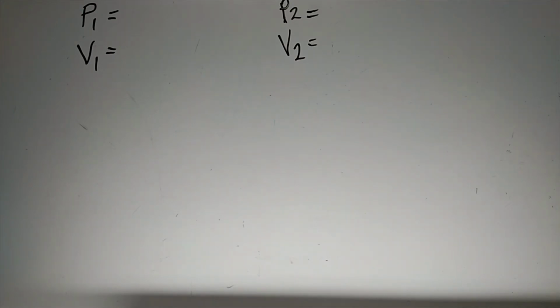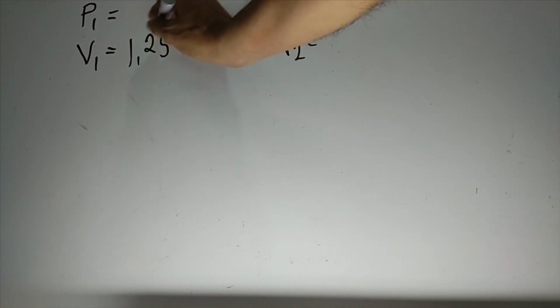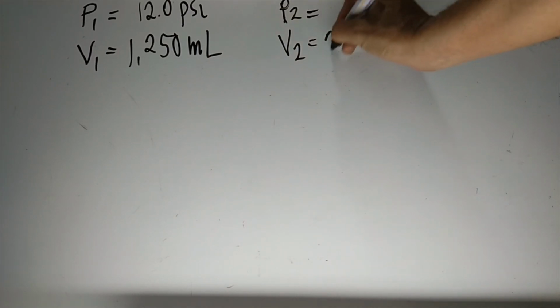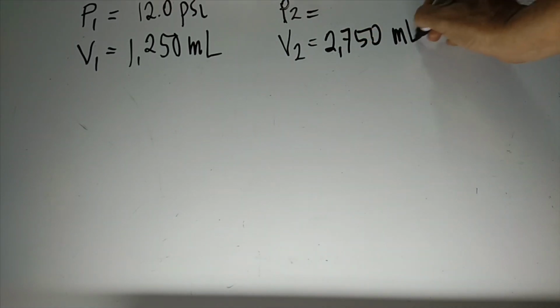Starting with volume 1, it's 1,250 milliliter. And pressure 1 will be 12.0 pounds per square inch. And its volume 2 is 2,750 milliliter, and the pressure is unknown.